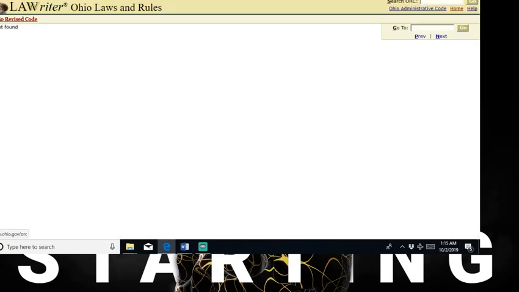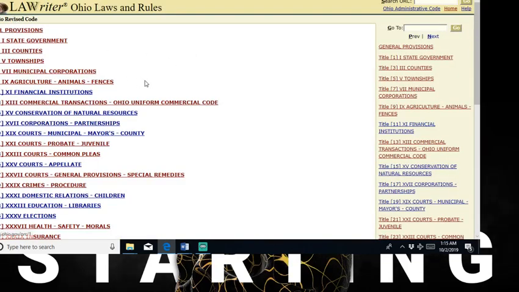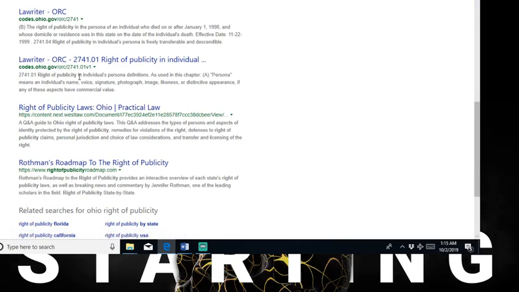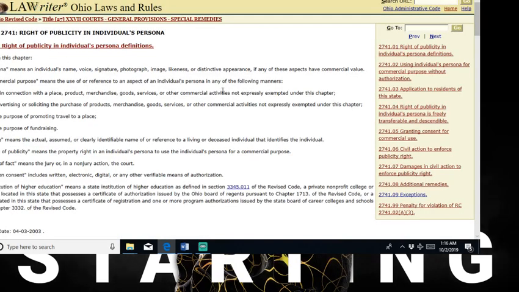It's normally 2740. There you go. Right of publicity. It says right of publicity means the property right in an individual's persona to use the individual's persona for commercial purposes. Right here.